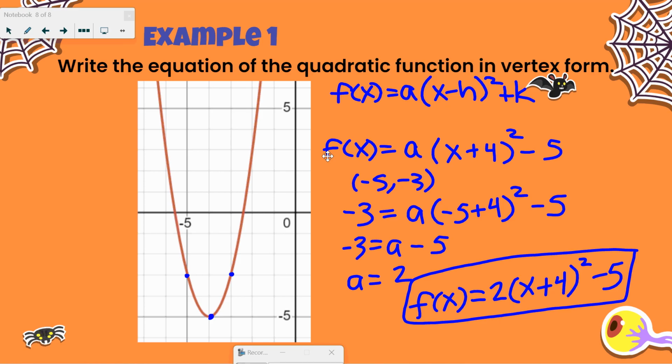So there's our equation in vertex form. And if you want to check to make sure your equation's right, remember you can always plug in other good points, right? Like if I plug in -2, what do I expect the output to be? 3.